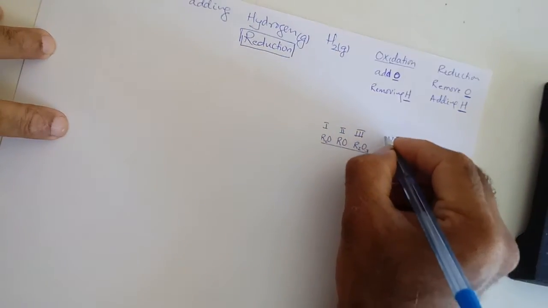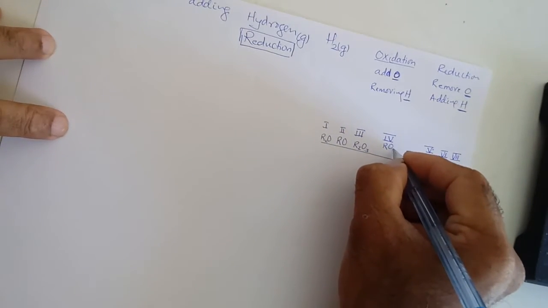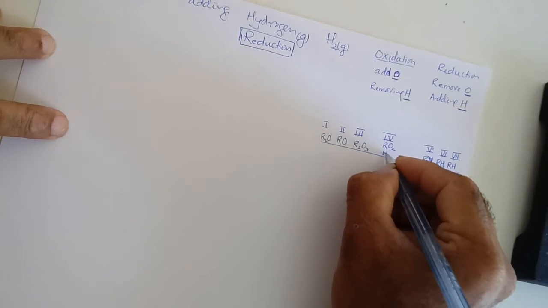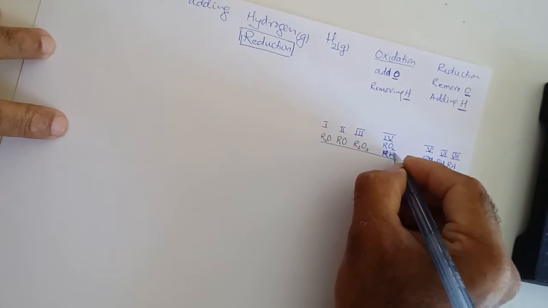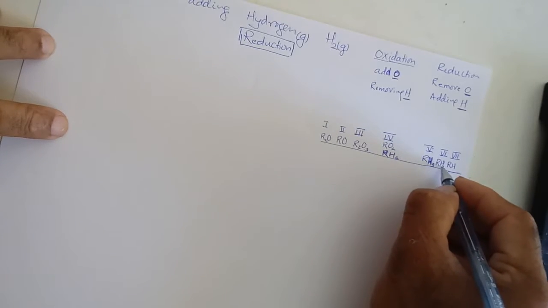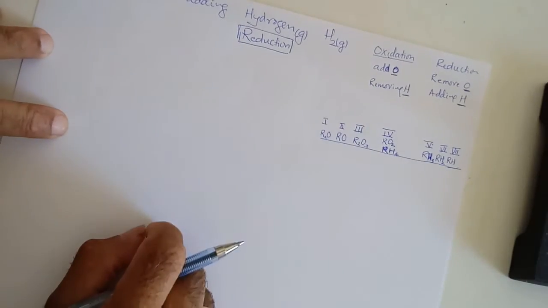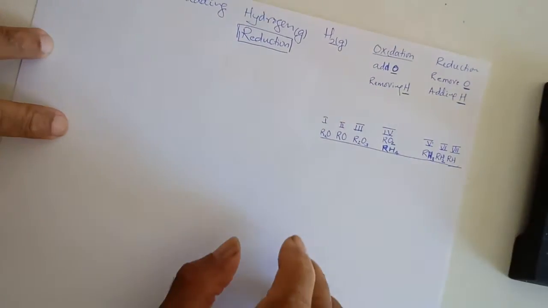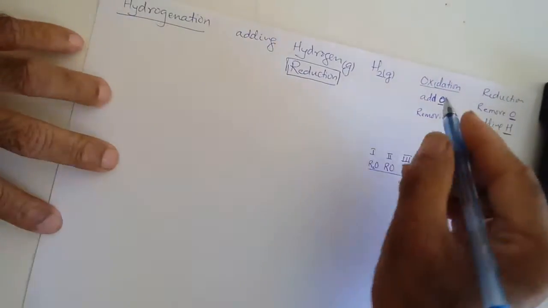And group 4 was labeled RO2 or RH4. And that became RH3, RH2, RH. So this is an interesting way Mendeleev created the periodic table. The basis of Mendeleev's periodic table has to do with oxygens and hydrogens. That's just a historic issue. Let's leave it at that.